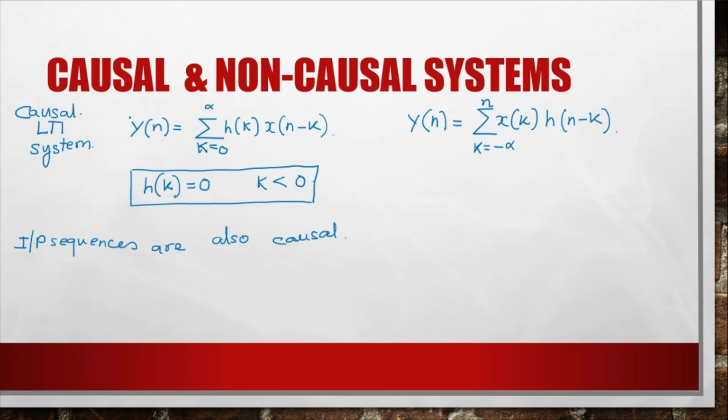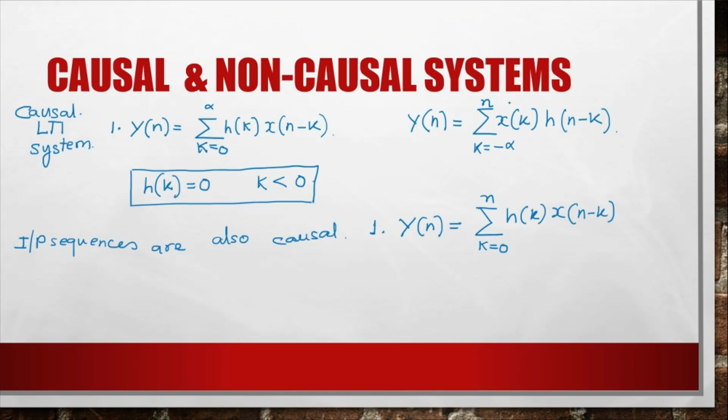So if the input sequence is also causal along with the LTI causal system, we have to write the expression like this: h(k) x(n minus k). We have to make these always positive. So the maximum value of k we can take is up to n, ranging from k equal to 0 to k equal to n.